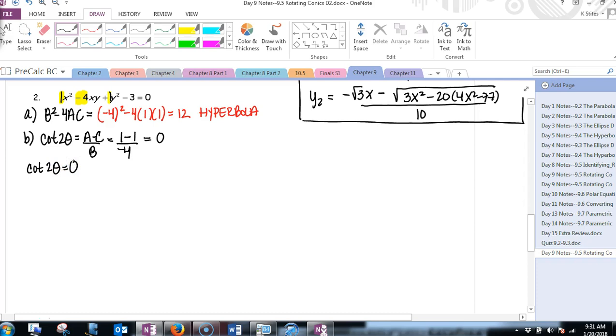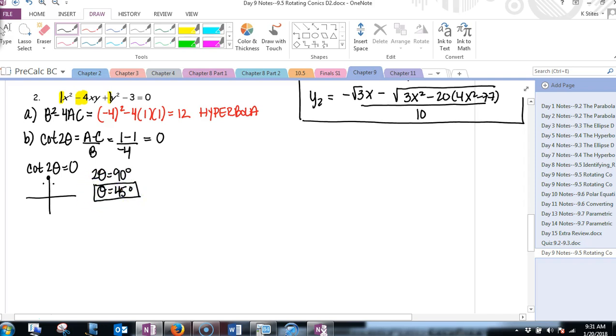All right, so where is cotangent 0? Well, that's when x divided by y, or cosine divided by sine, is 0. And that's going to happen up here at 90 because you're at 0, 1. So 0 over 1 is 0. So 2 theta equals 90. That makes theta 45.